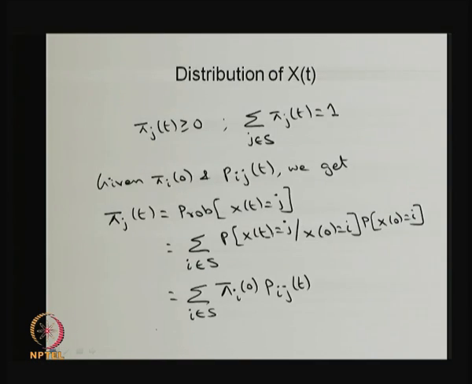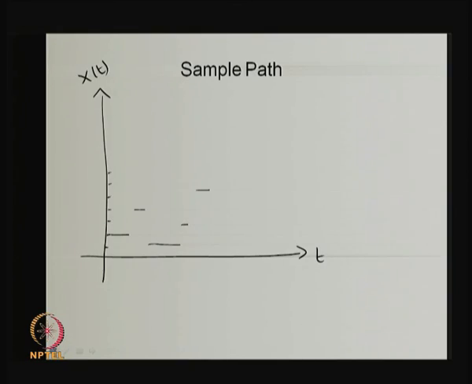If I go back to the sample path, the time the system spends in this particular state is exponentially distributed with some parameter, then it moves into some other state. The time spent in this state is also exponentially distributed, with possibly some other parameter, depending on that particular state. Then it moves into some other state, and the time spent in this state is also exponentially distributed.